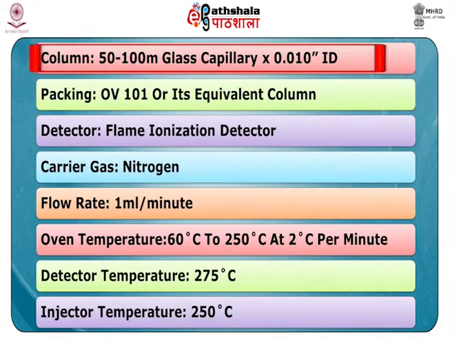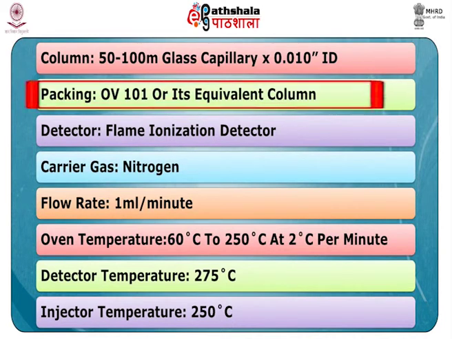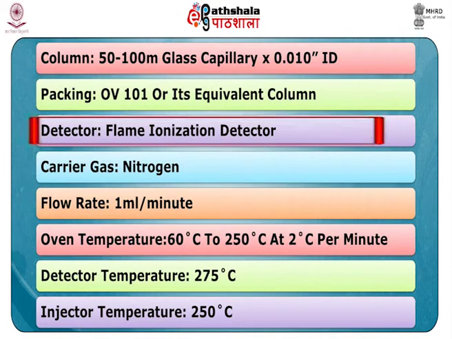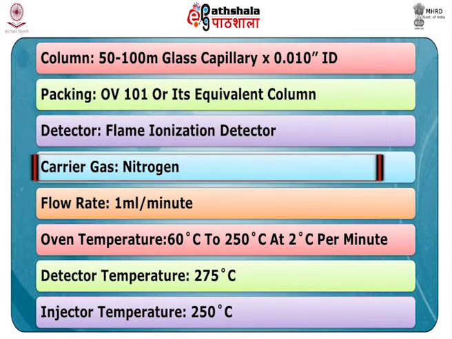The operating conditions are: the column used is 50 to 100 m glass capillary into 0.01 ID. Packing is OV101 or its equivalent column. Detector which is used is the same, which is flame ionization detector, FID. The carrier gas here is nitrogen.